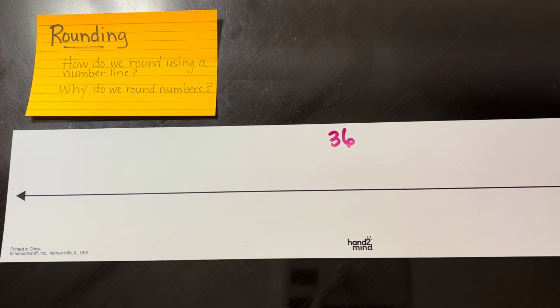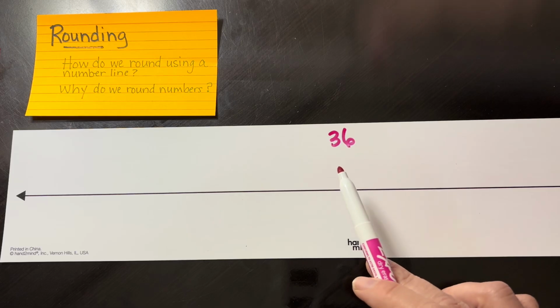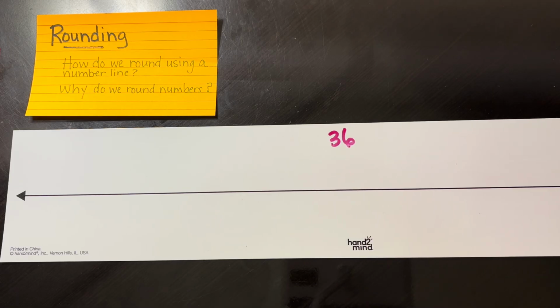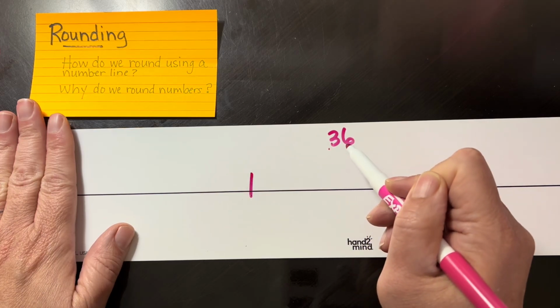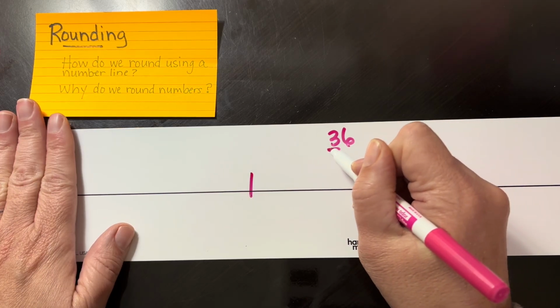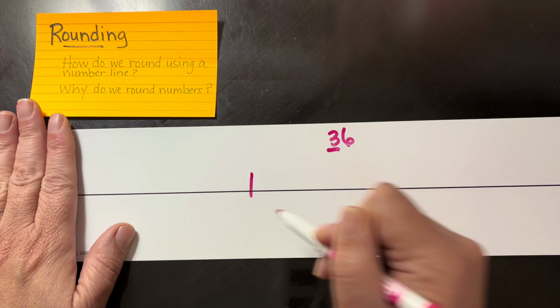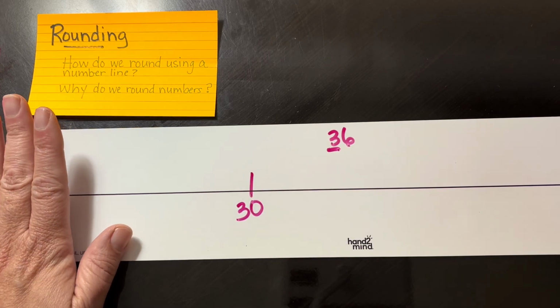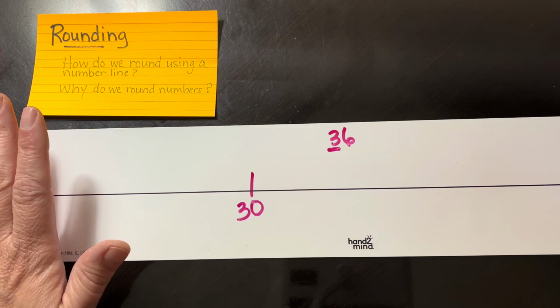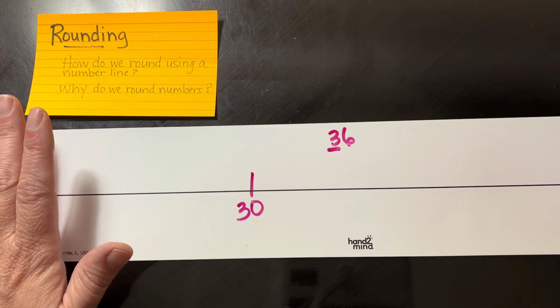All right, so let's consider the number 36 and imagine we want to round it. If we are rounding it to the nearest 10, there is a 3 in the tens place, and we won't consider the ones place at all because we're rounding to the nearest 10.